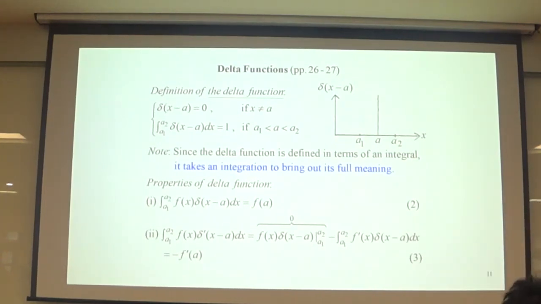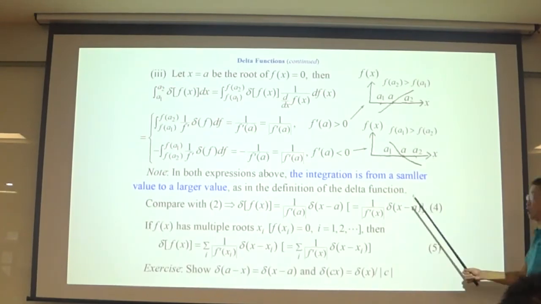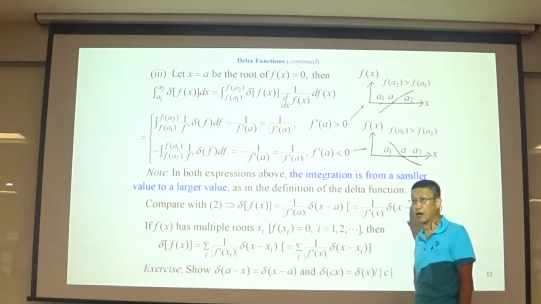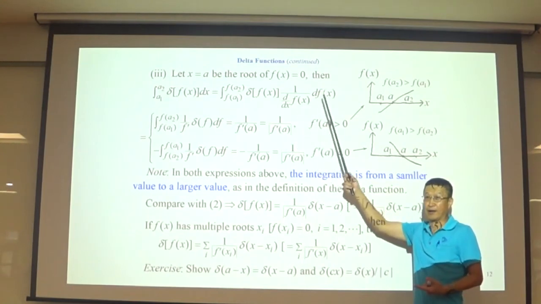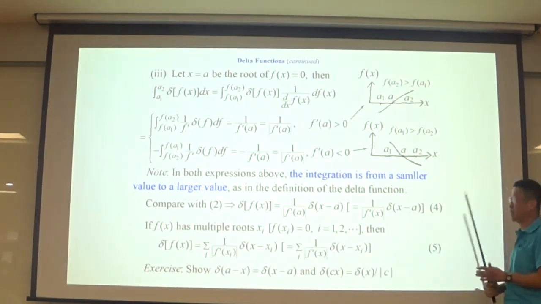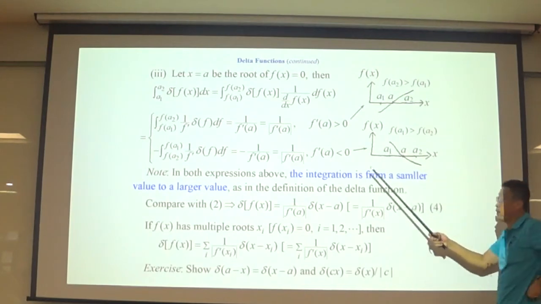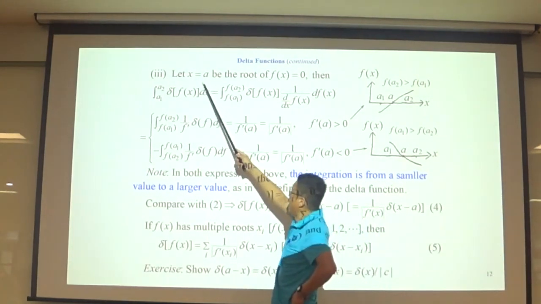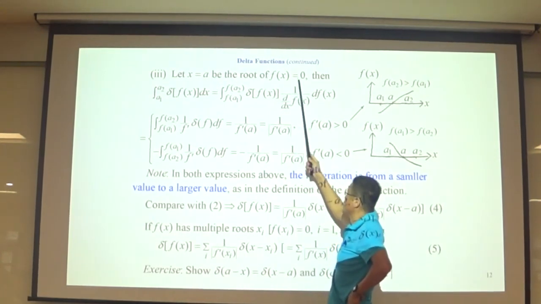That's the first property, that's the second property. What else? The third property normally is a homework. But most of the students take too much time to solve this problem, so it becomes an exercise as shown here. Many students will be confused about the third property. The third property: let x equals a be the roots of f of x equals 0.